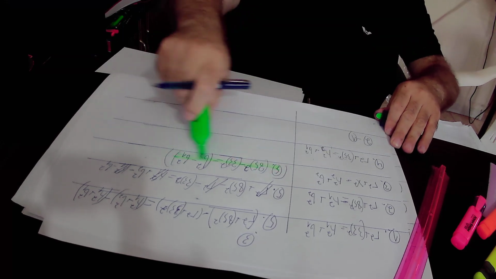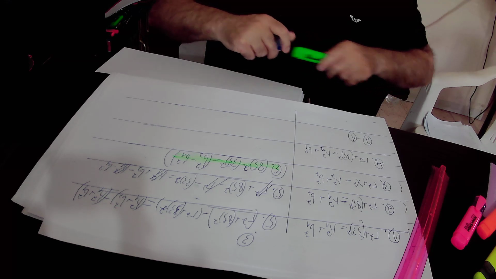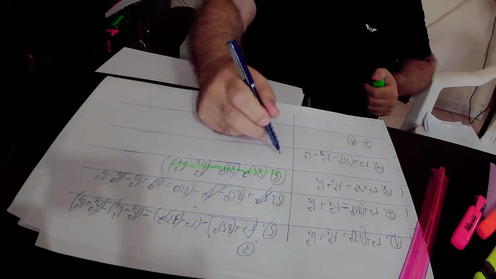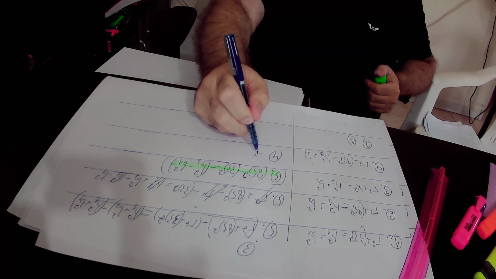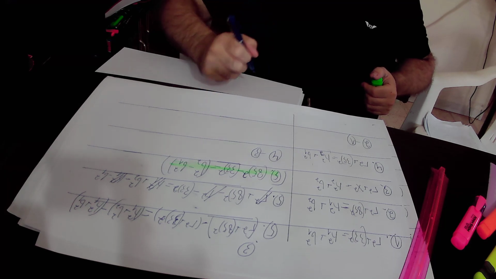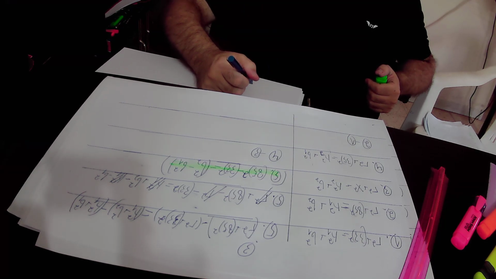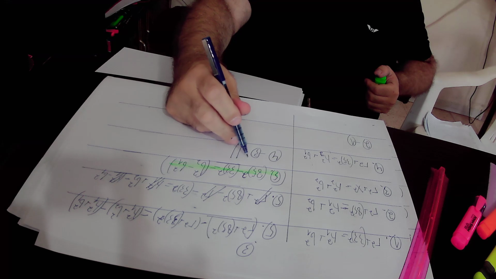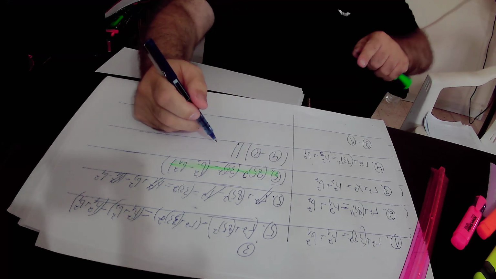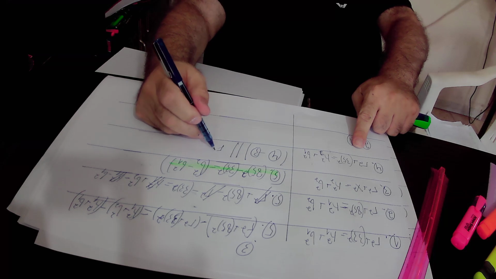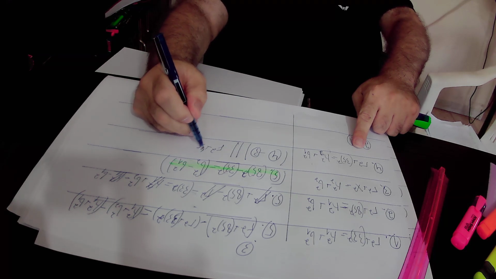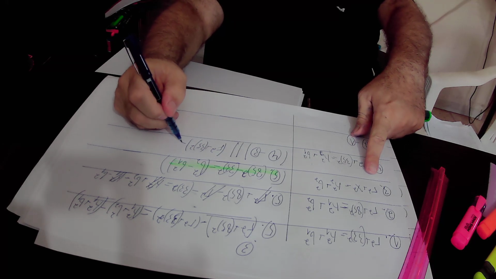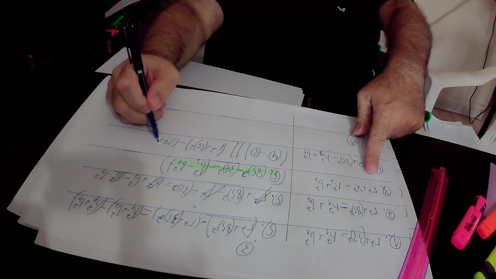In the next step, we subtract equation number 3 from equation number 4, which is 4 minus 3. We get, on this side of equation number 4, r squared plus 35 squared, minus equation number 3, which on this side has r squared plus x squared.